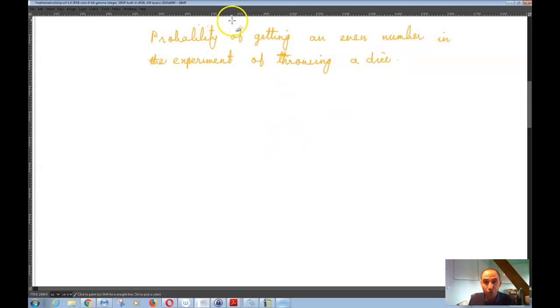So the event that we have, call it E, is the event of getting an even number.